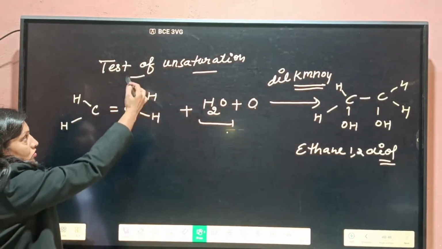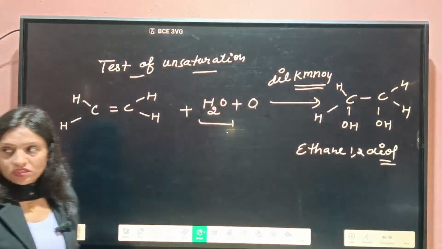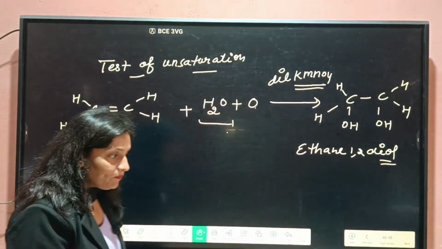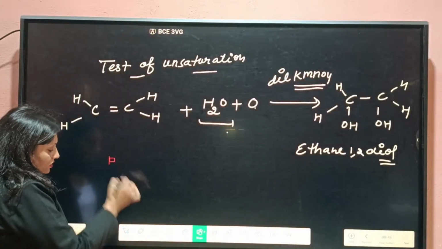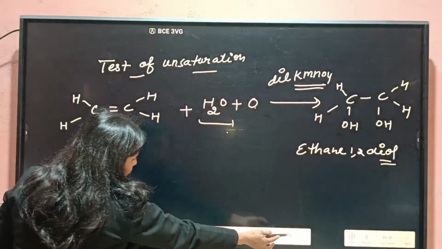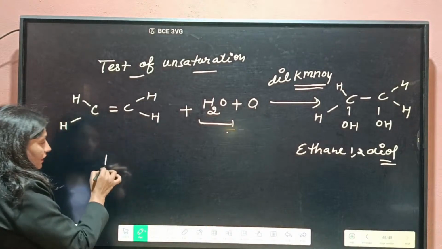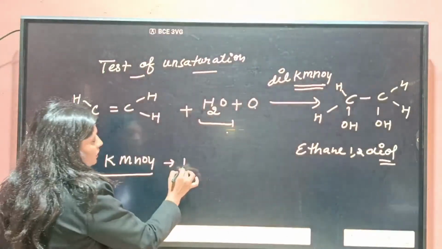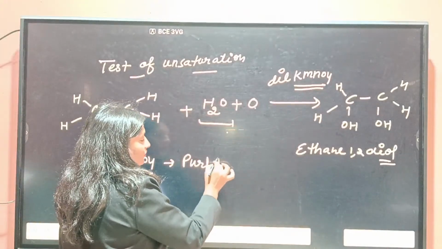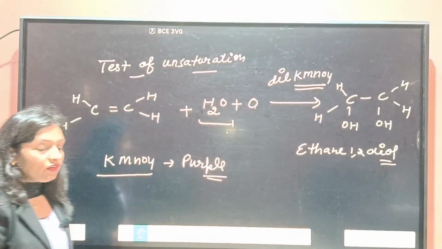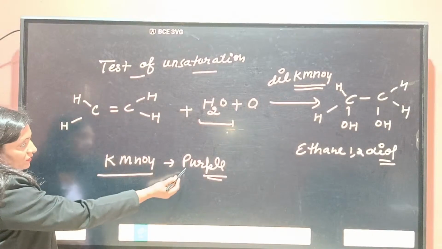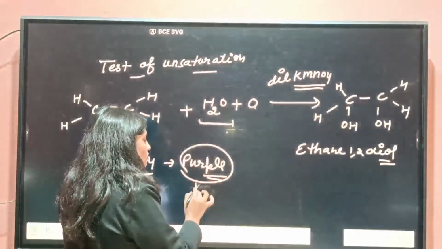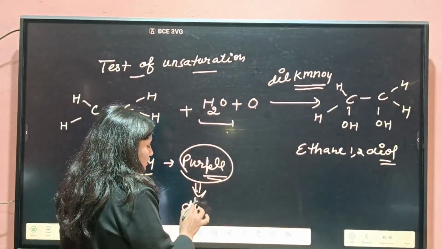Students, it is also known as an unsaturation test. Why? In the same way, potassium permanganate has a purple color. If you add this to an alkene, then the purple color also disappears.